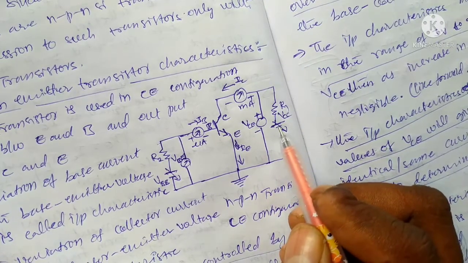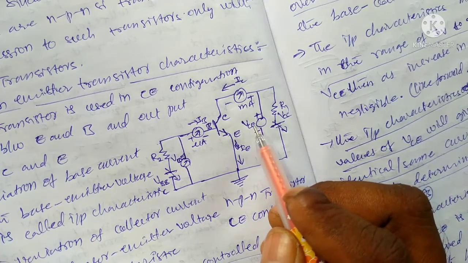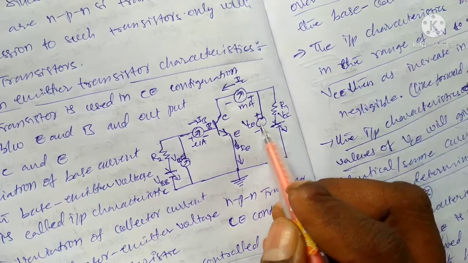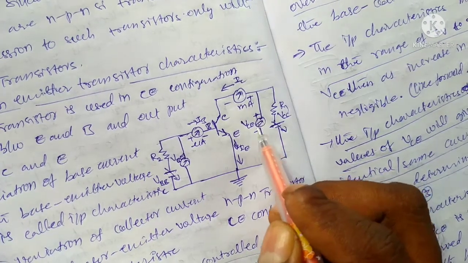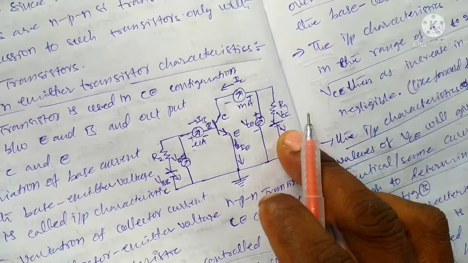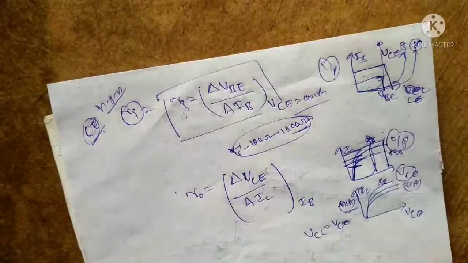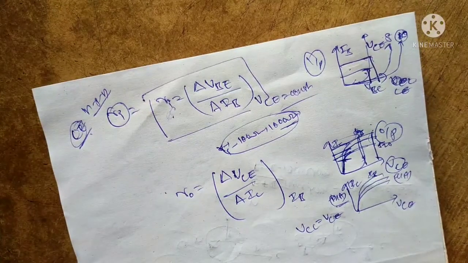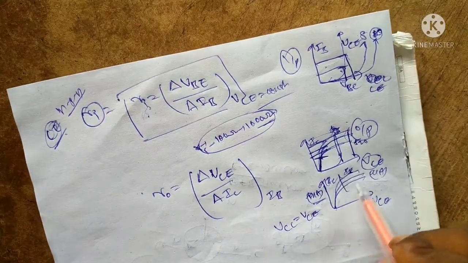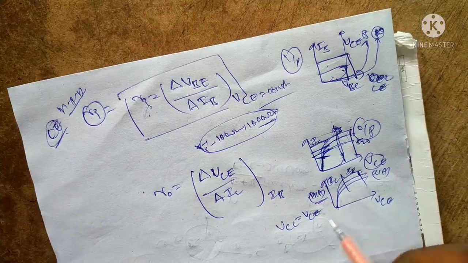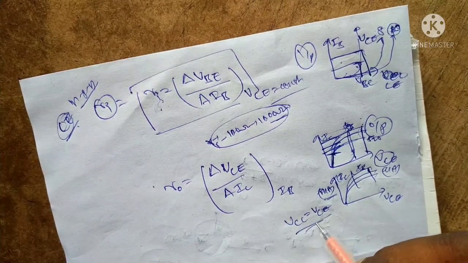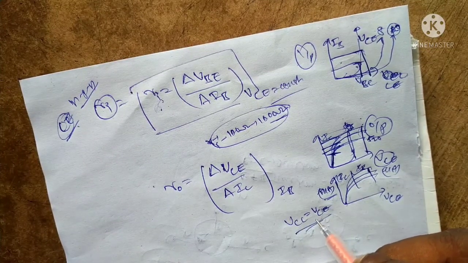How much voltage is applied, that much voltage appears as the VCE voltage. That means the power supply is equal to the voltage developed. That means it is equal in this situation. There is no effect in this region, which means here VCC is equal to VCE in the output characteristics.